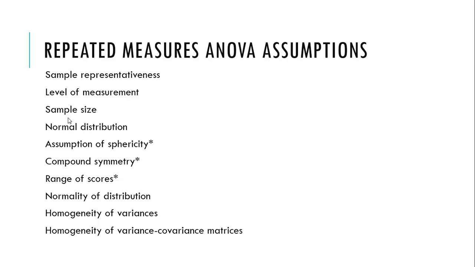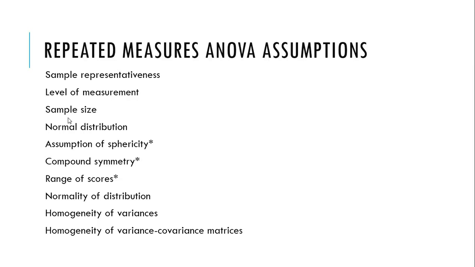And then if we have the mix of repeated measures and ANOVA, we need to be checking for the normality of distribution, and that's all the dependent variables should be normal for each level of the independent variable. Homogeneity of variances: the variances on all measures of dependent variables should be equal across all groups.